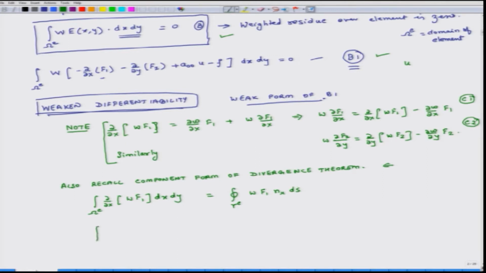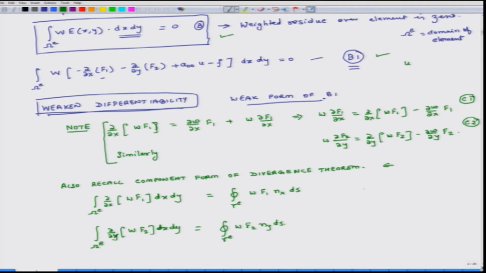And similarly, the integral of del over del y of w times f2 dx dy equals the boundary integral of w f2 ny ds.